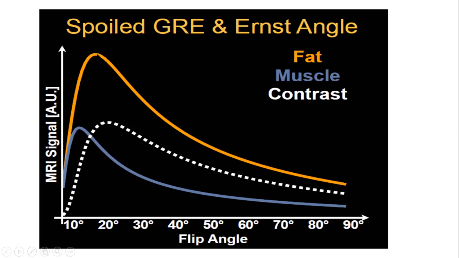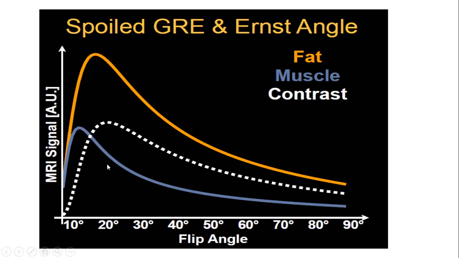So you can see, for muscle, the Ernst angle should be around 10 to 12 degrees, while for the other tissue, the Ernst angle is close to 20 degrees. But the maximum contrast will be when we apply an angle of around 20 degrees to a patient.